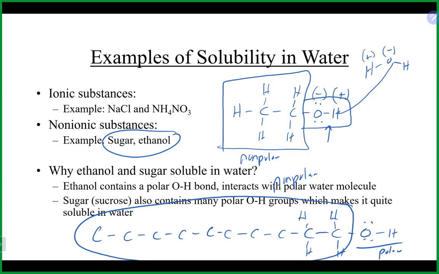The other problem is that when something dissolves or mixes with water, you essentially have to replace water-water interactions, which is what you have going on before you put anything in water to dissolve it. You have to replace those interactions with very similar types of interactions. So although this is a very similar interaction at the end there, it's just too big to work well with water, which is a relatively small molecule.